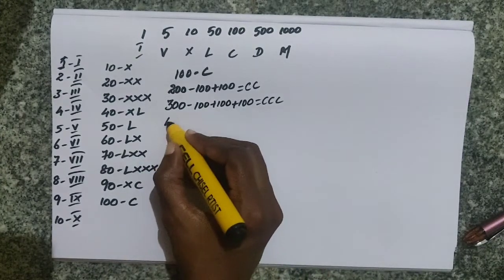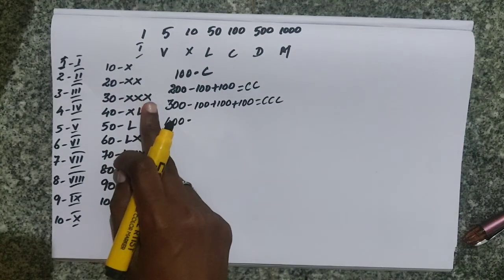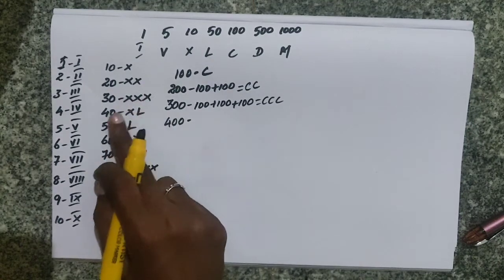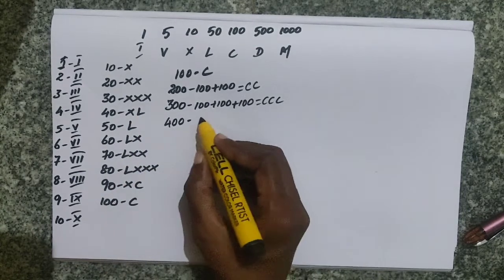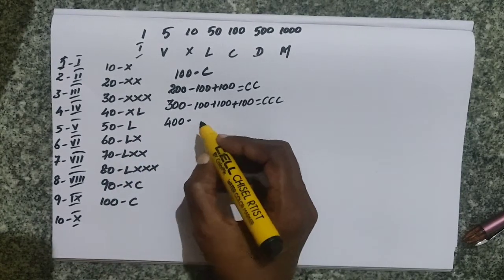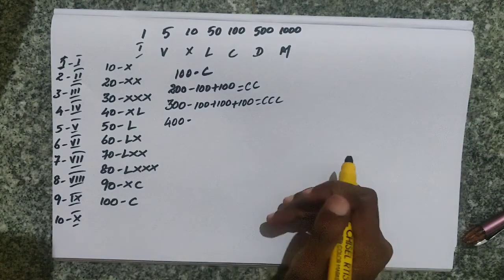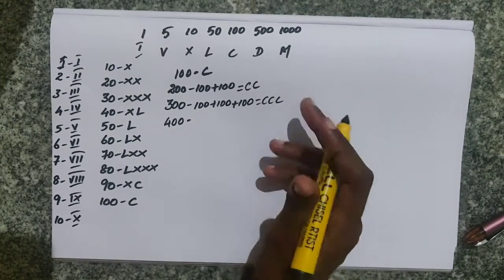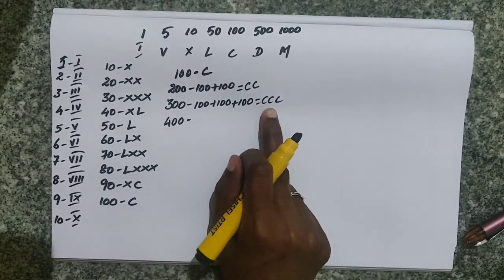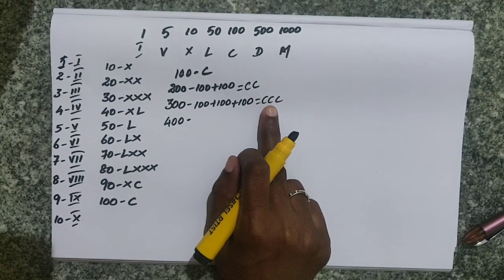Now for 400, in the same way, as with X we cannot repeat four times, for 40 we cannot repeat four times, so it was XL. So here also we cannot repeat 100 four times. So what do you have to do? Addition is not possible now, so we go for subtraction. We stopped with C, that is 100, so we need something higher than 100.